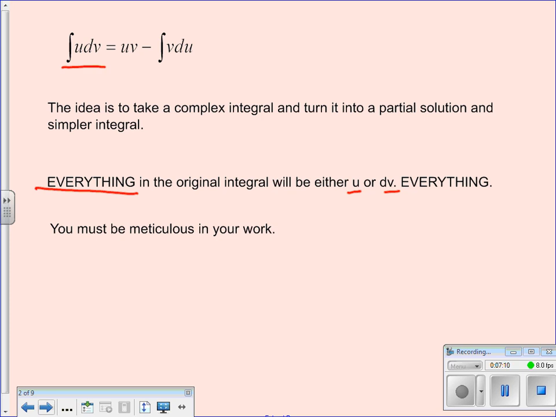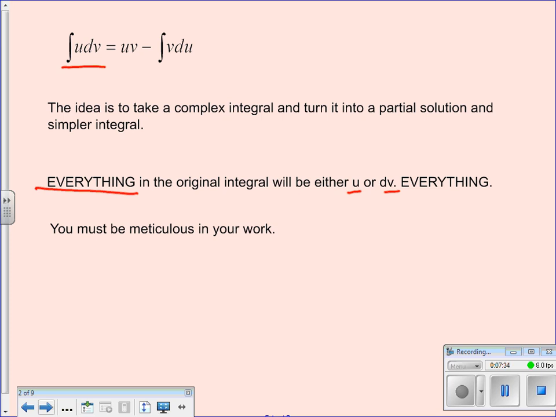You're going to take everything that's there. There will be nothing left over when we split it into parts. Absolutely everything. This is one of the keys. Nothing, not even a constant, is left behind. Everything is broken into those two parts. And that's the decision we have to make.